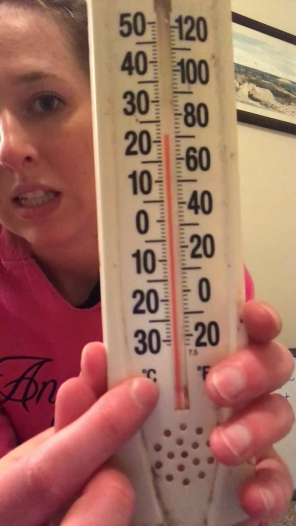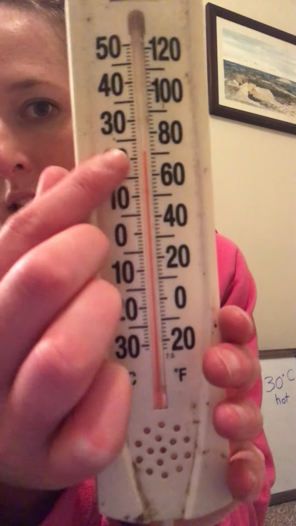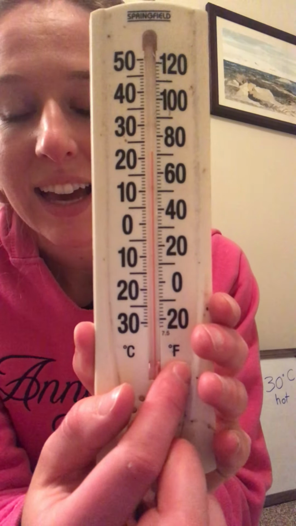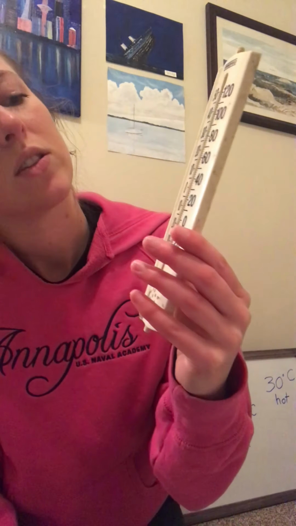For Celsius first. You see it? It's a little bit above 20. I think that says 22 maybe. So 22 degrees Celsius. That is the exact same as 71 degrees Fahrenheit. See that? So you can actually read them in both types of degrees. So that's tricky, isn't it?